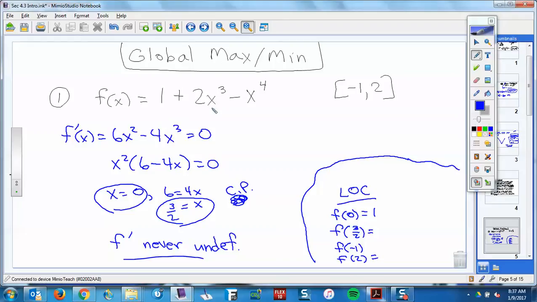You take 1.5. Now here's why I would probably make these calculator problems, because it gets kind of tricky without a calculator to plug these numbers in. Somebody grab your calculator and put 1.5 into that. I'll put a -1 into here. We get -2 plus 1 is -1. -1 minus 1, that's -2.